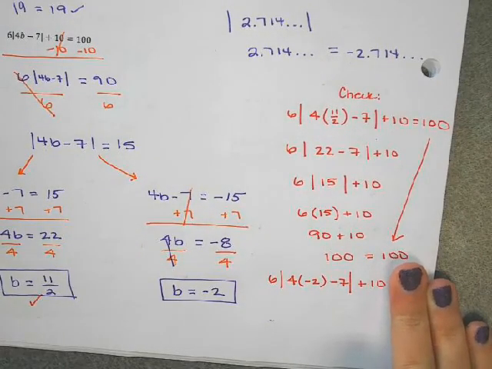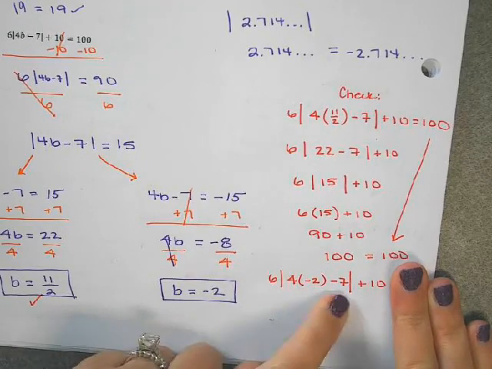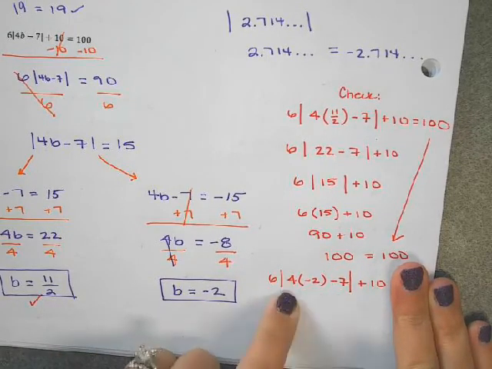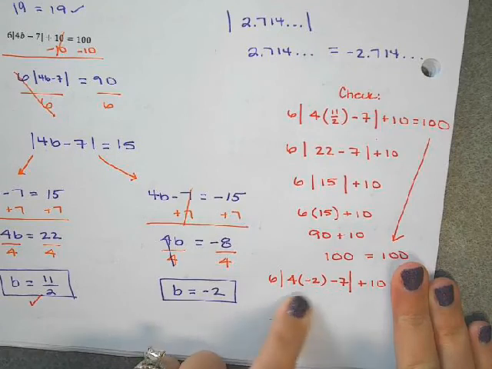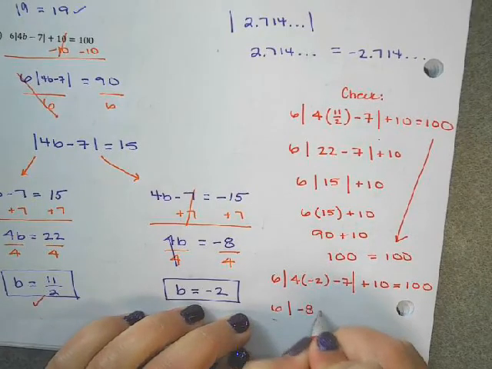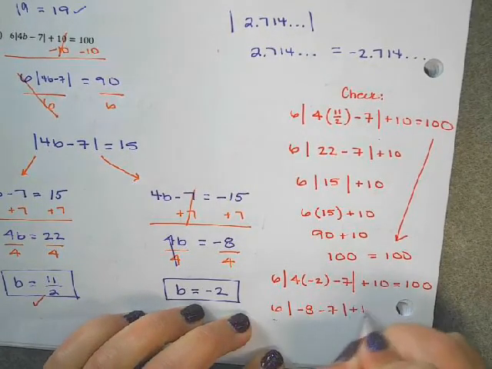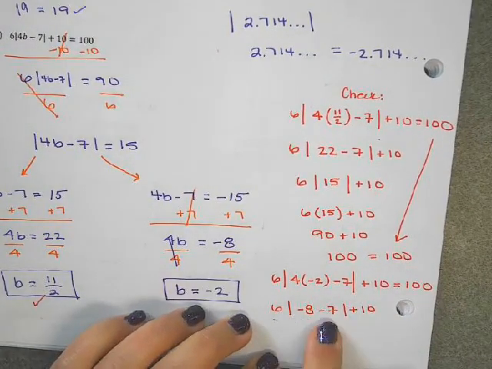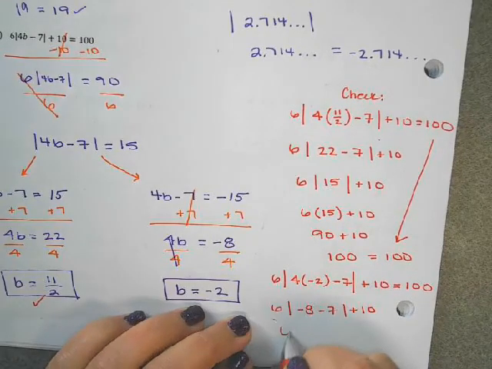We're going to simplify this expression, working from the inside of those absolute value bars first. So 4 times -2 is going to be -8. -8 and -7 is -15.